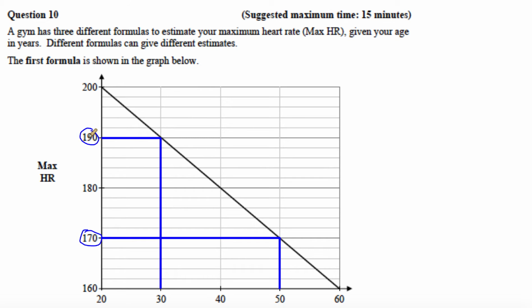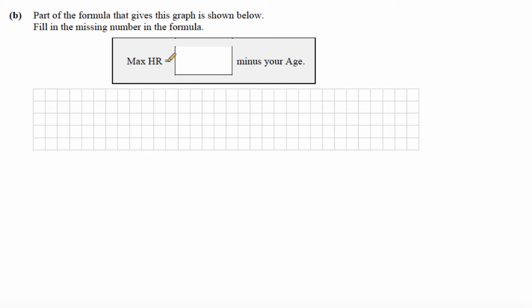So if we just add 190 and 30, that gives us 220. And again, check here, 170 plus the 50, that gives us 220. So the max heart rate is always 220 minus your age.